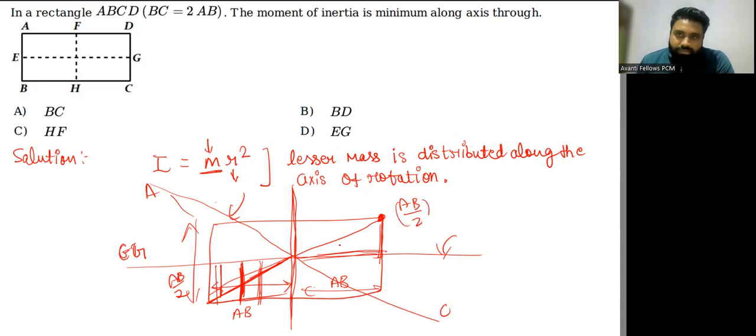So this is not the possibility. You can take this axis as a rotation, but here you will see the length of mass from the axis of rotation is AB. So the minimum possible distance or distribution of mass is along the EG axis. So axis EG is the correct option.